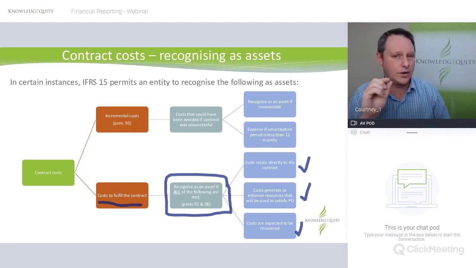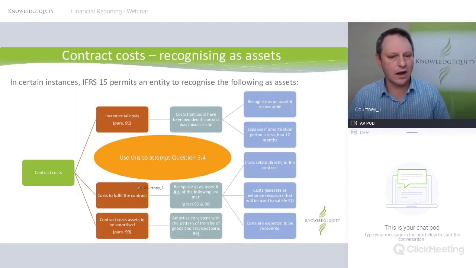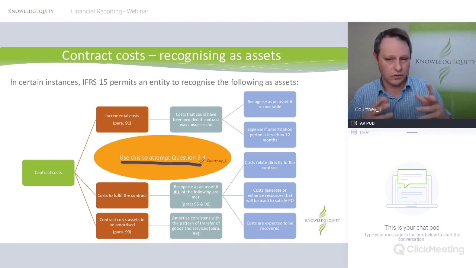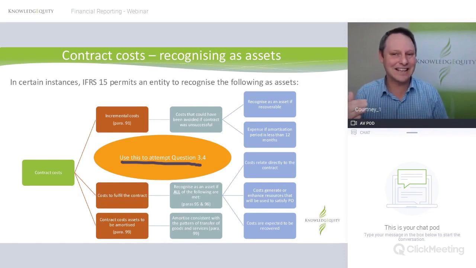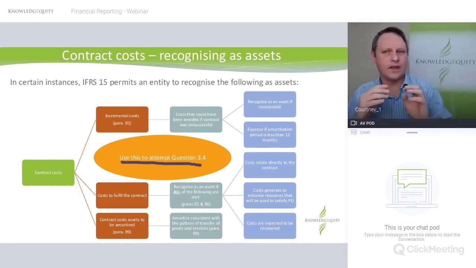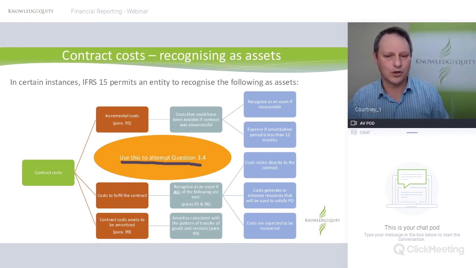So any question you get has to address these case facts so that you can determine how you will treat the item. And I would suggest you go through question 3.4 with this flowchart. Sometimes people get a bit stuck: how do I deal with legal fees or commission costs or contracting? What goes where? This page should help you solve that.